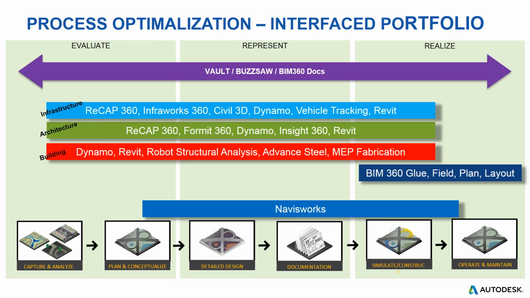What I also want to state at the very beginning is that I will be showing a number of solutions from our portfolio. However, as a user, you can use only part of it, depending on which part of the design you are doing, and I will mention it throughout the presentation.